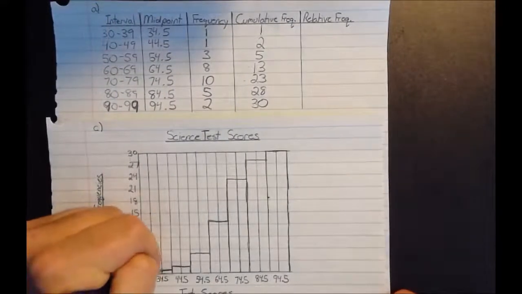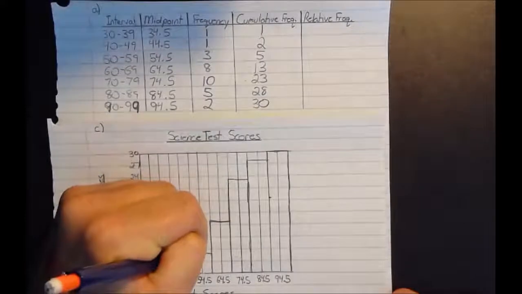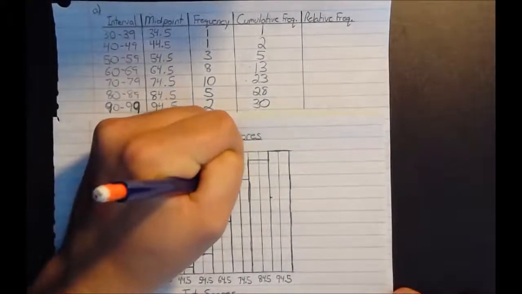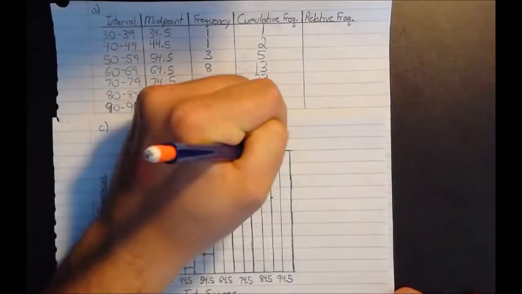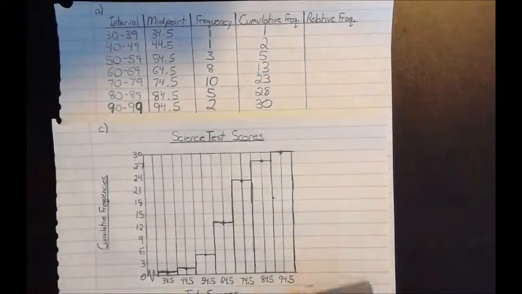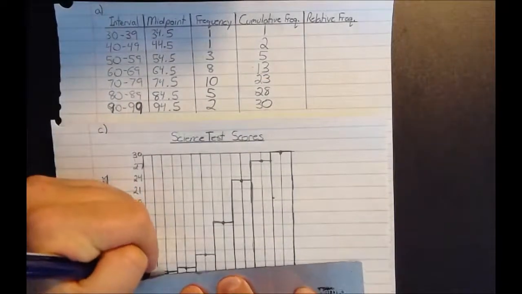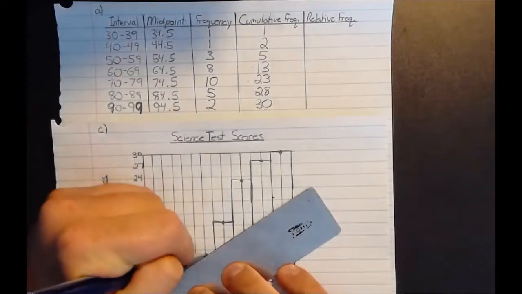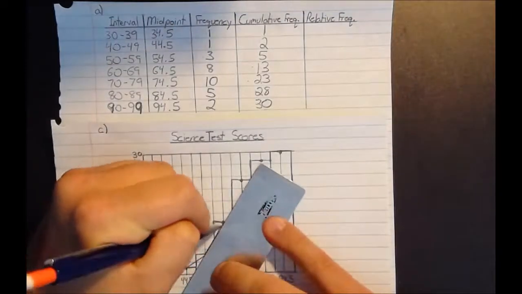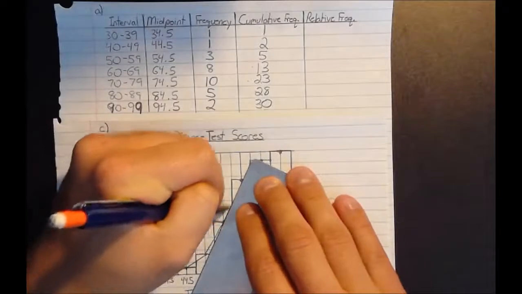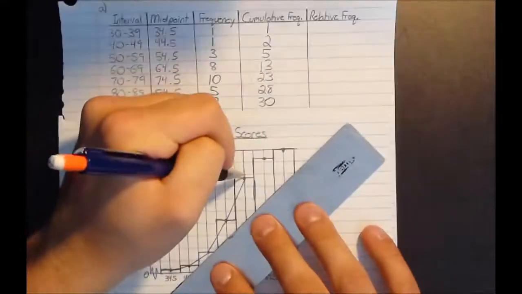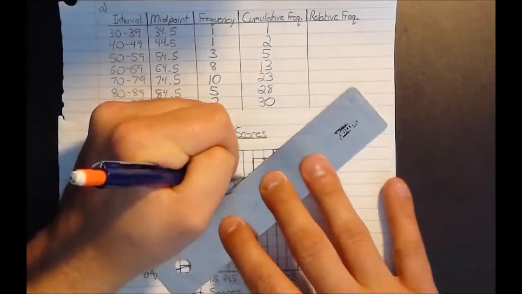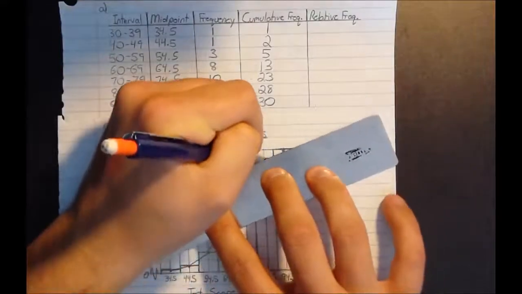Again, we're going to identify the midpoints here from our histogram. And then we're just going to connect them again using a straight edge. Okay, and two more to do here. Okay.